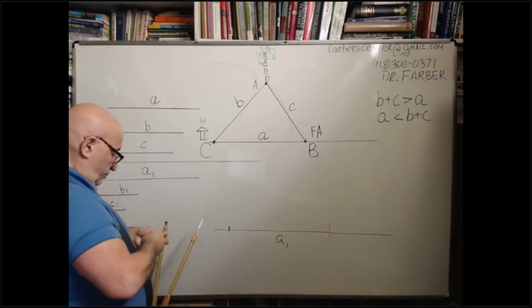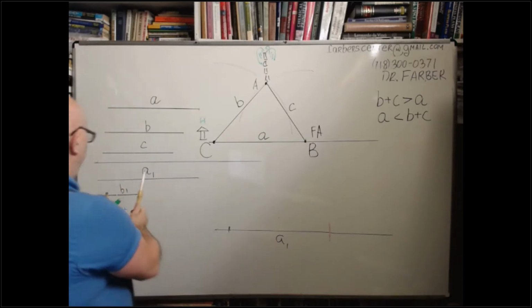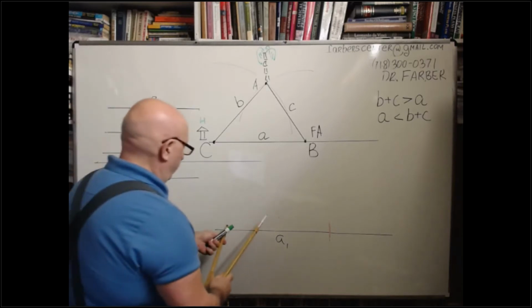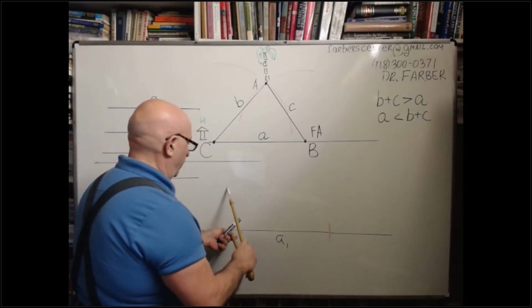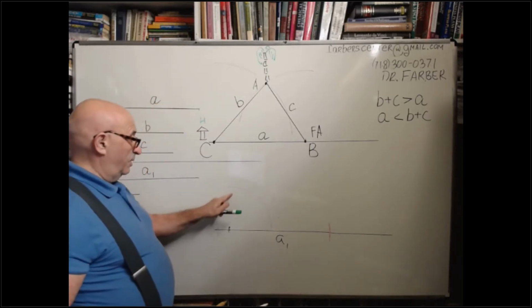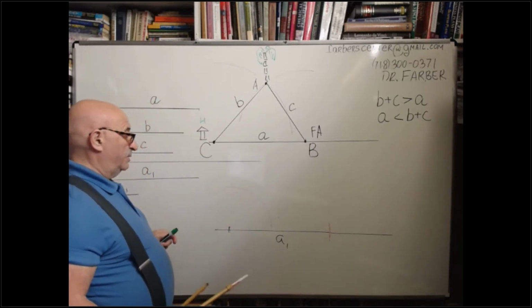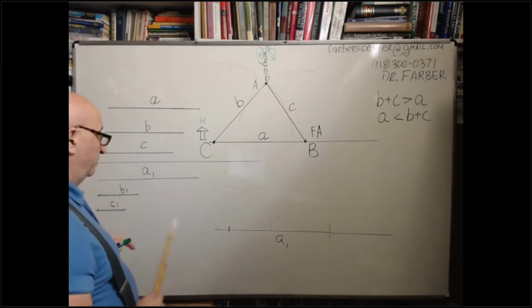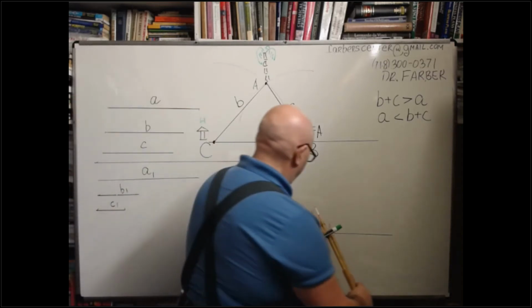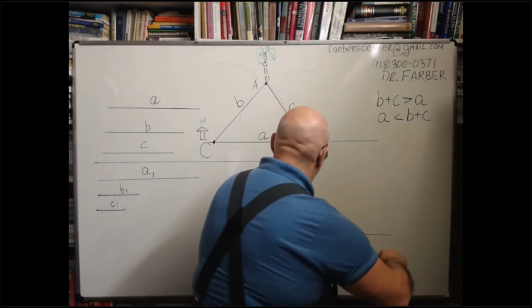Now, to do the same steps, I'll take B1, go to this side, to this point, and make an arc. So distance from this point to any point of this arc equals B1. Now I take another one and go to this point. And this would be A1.